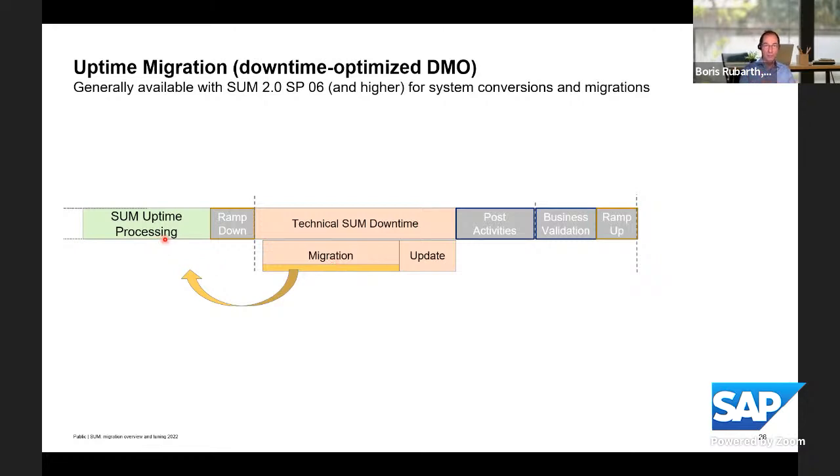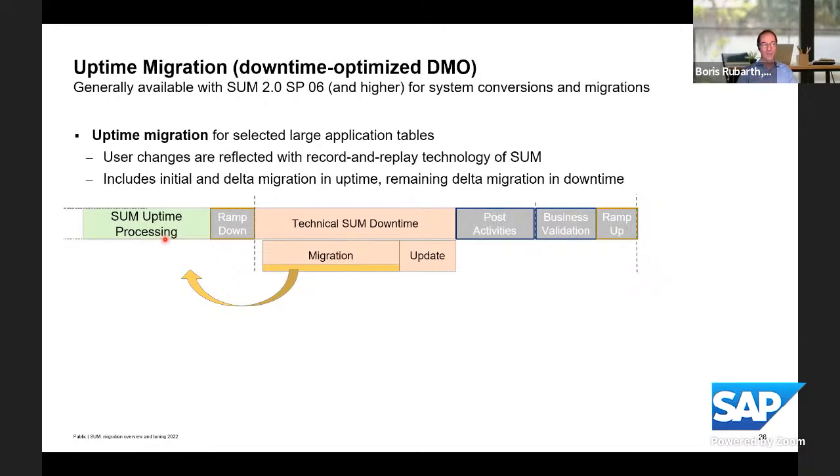So it's a manual process. You manually detect what are the large application tables, and there is support from our side to identify those that are suitable to be migrated in uptime. That's the good part. So uptime migration is possible for selected large application tables. And if we say uptime, that means end users are working on the system.